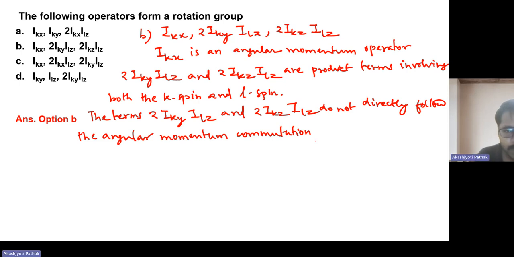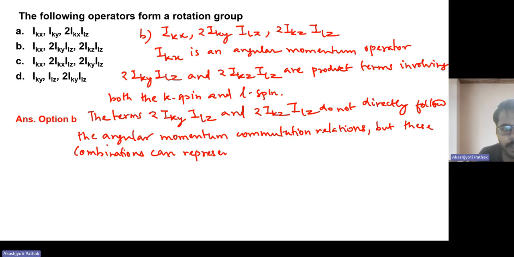But these combinations can represent symmetries in certain systems.